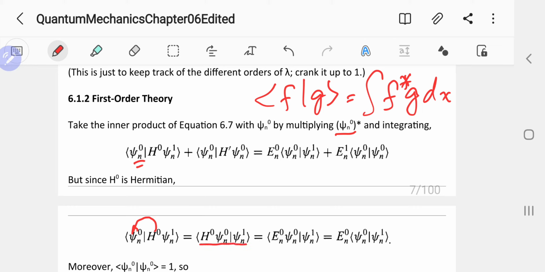So you have this, and then of course this thing here is equal to this, but En0 is a constant, so you will have this one.